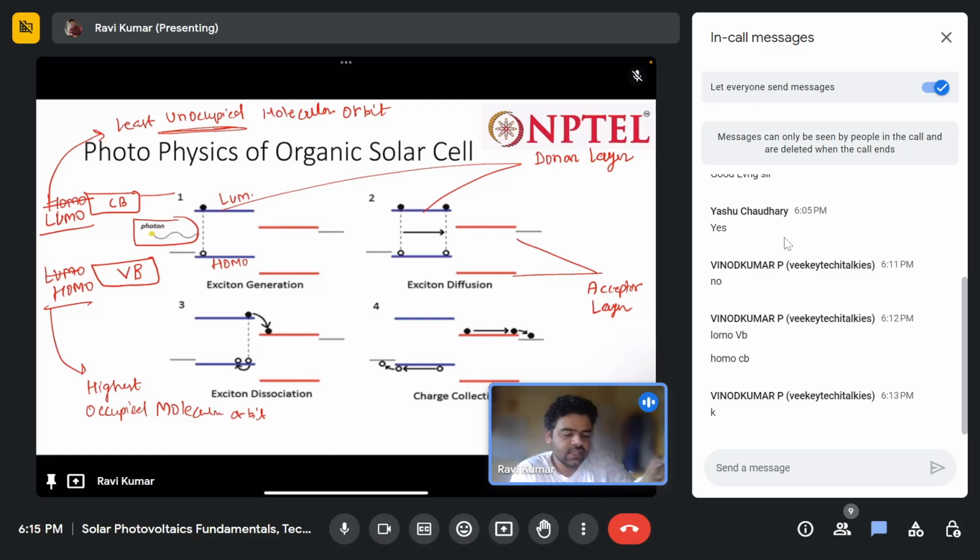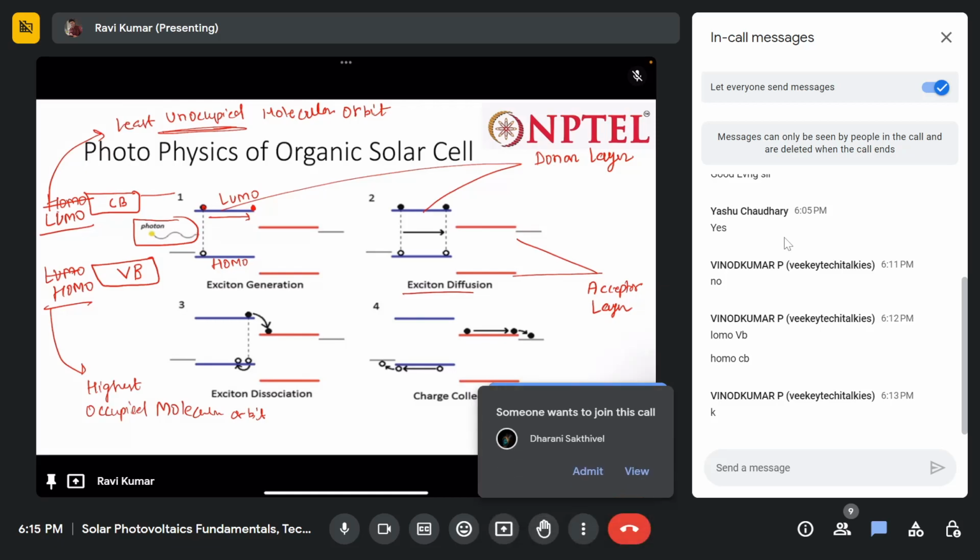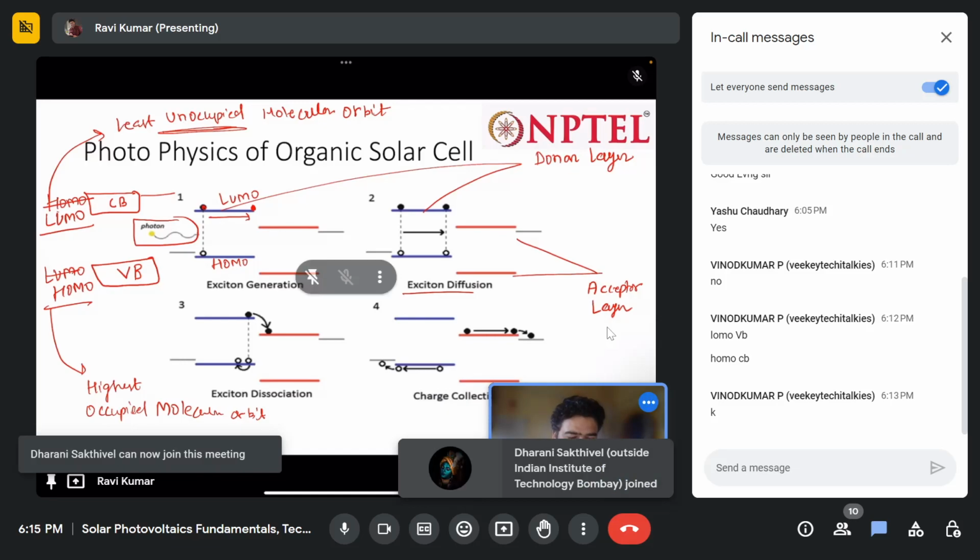So the second thing is diffusion, because there is some distance between this donor and acceptor layer. So this electron needs to go to this place. It is written excitons here because an electron and hole pair is known as an exciton, and they are bound in the case of this organic solar cell.